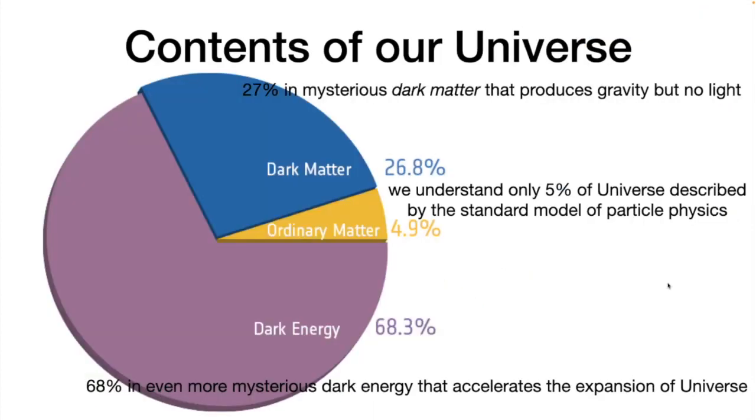Okay. So this is, again, I'm not going to talk too much about this, but this is our current understanding of the contents of our universe. Most of the matter that we know and love is tiny, only 5%. This is where the standard model applies, and this is what we know. There is dark matter, which holds the galaxies together.